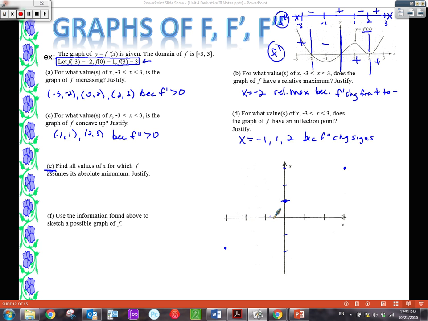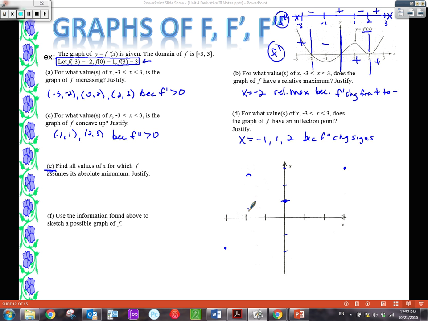Unfortunately, I don't have a function value there already, but since it's a relative maximum, I'm just going to go maybe up here somewhere, and I'm just going to put a mark that shows me I have a relative maximum there. Now, if I put that in the wrong place, I can always change it, but that shows me I have a relative maximum at -2.